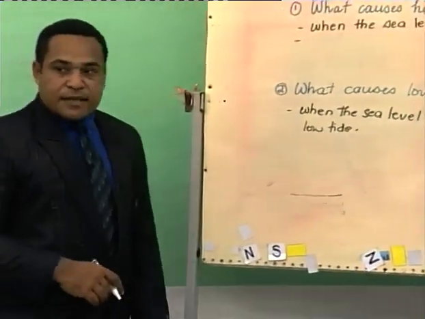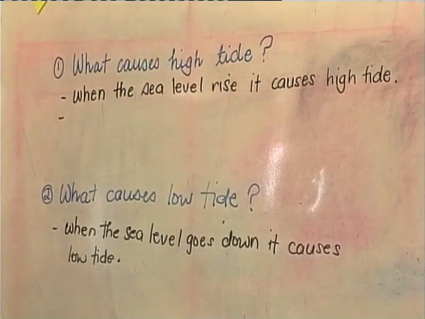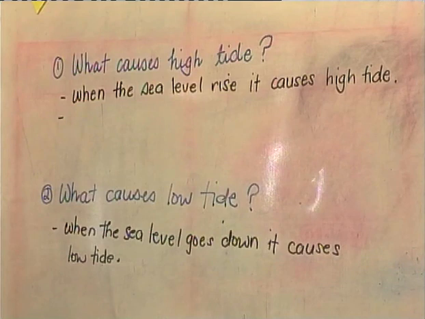So this is Robert's answer. When the sea level goes down, it causes low tide. Now, these answers are correct, but since we are looking at moon tide, Rodney, thank you.